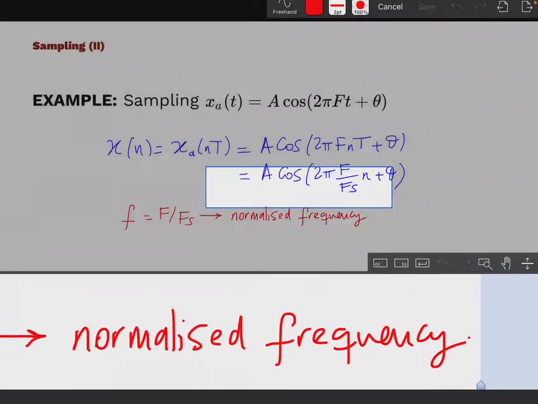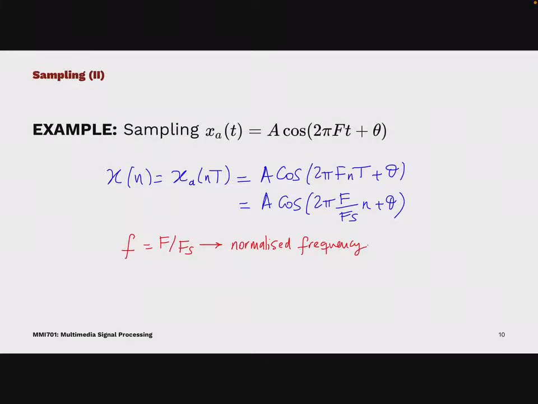The reason why it's called normalized frequency is, as we shall see, the value is between minus 1 over 2 and 1 over 2 in the fundamental interval, or between 0 and 1.